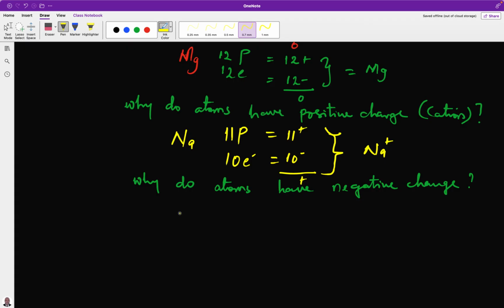A chlorine atom has 17 protons and 18 electrons.